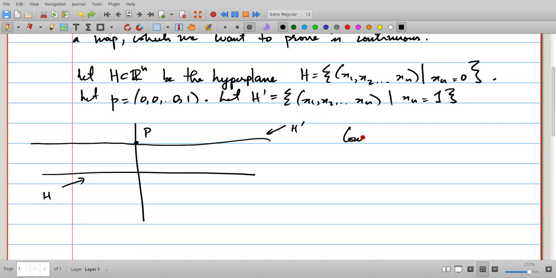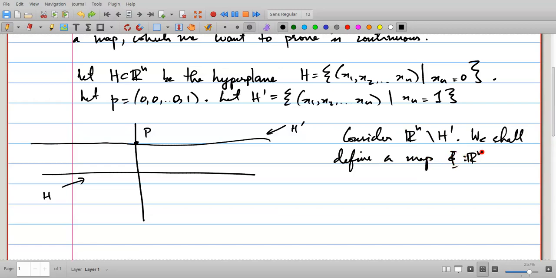So consider Rn minus H prime, and we shall define a map phi from Rn minus H prime to H, which we want to prove is continuous.